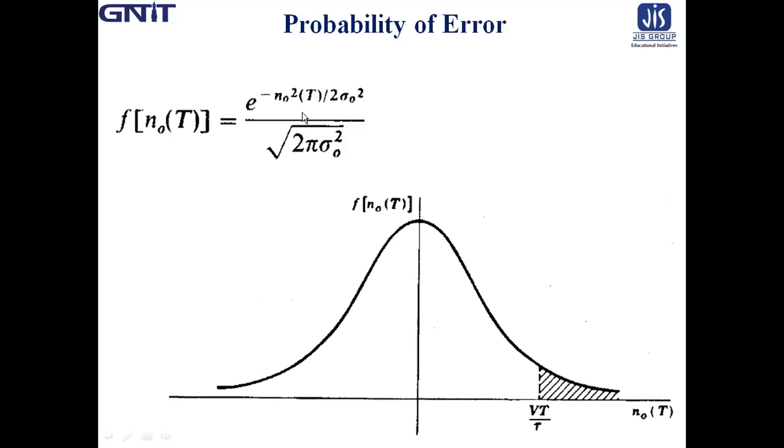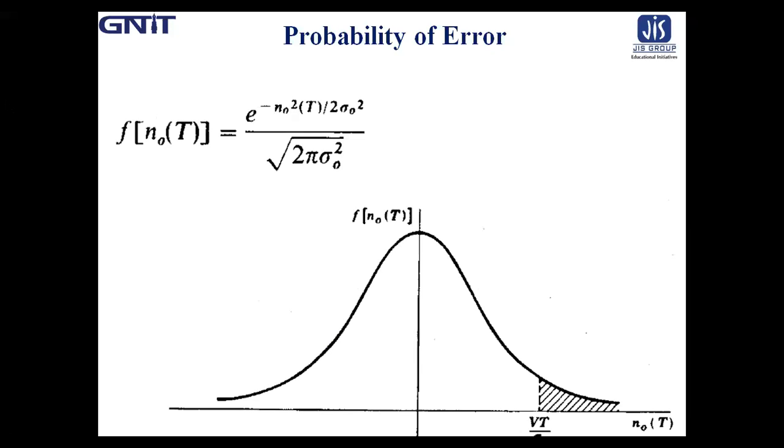If the input signal is, say, voltage level minus V, that is s2(t), then after sampling, the signal voltage will be minus VT by tau, while the noise sample voltage is n0(T). Now, when does an error occur?